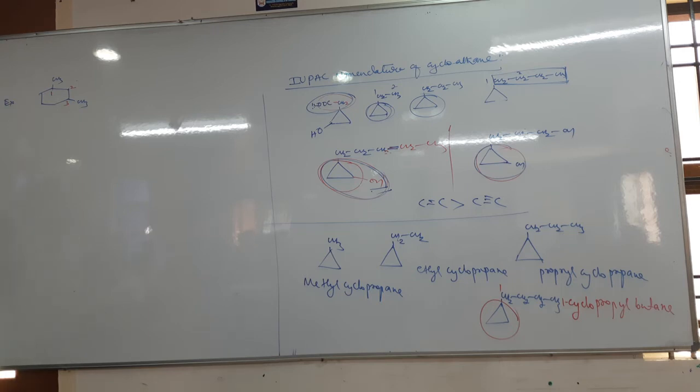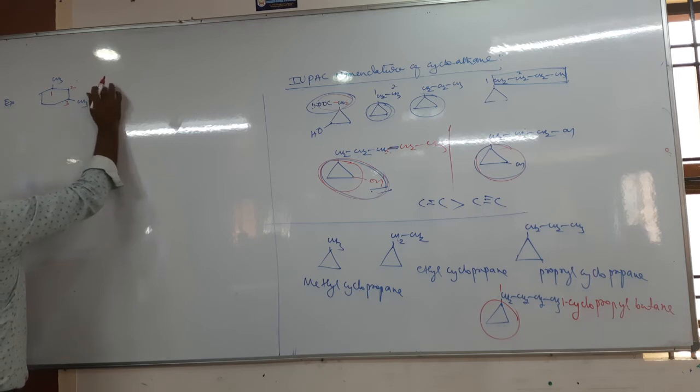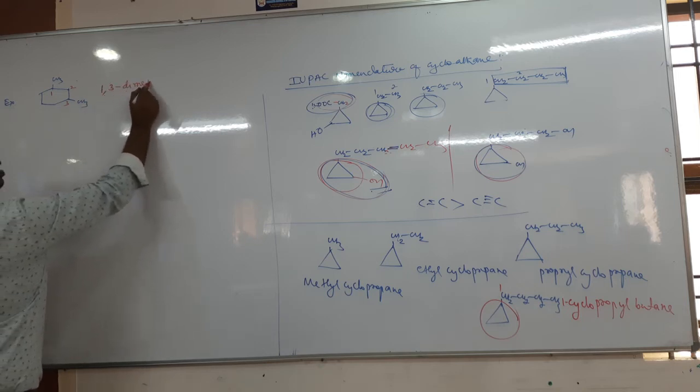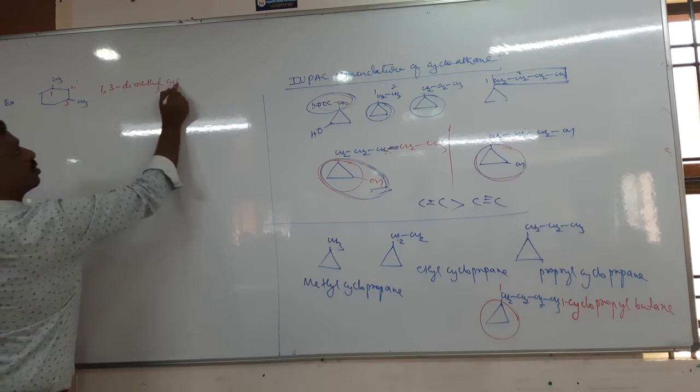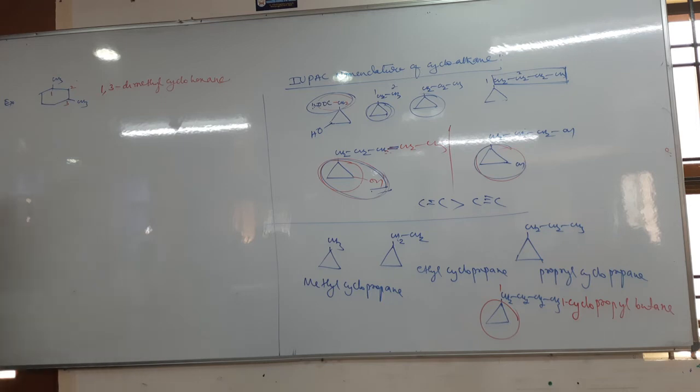Or else you can use the lowest sum rule. That is also applicable. So therefore, it is 1,3 dimethyl cyclohexane.